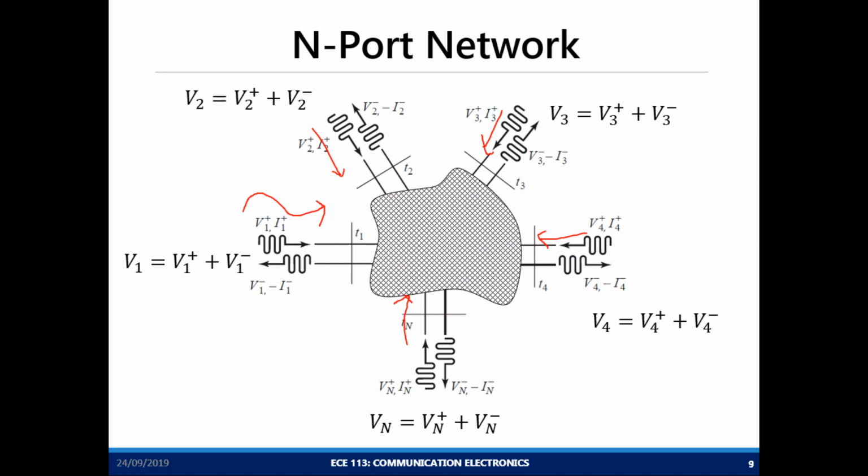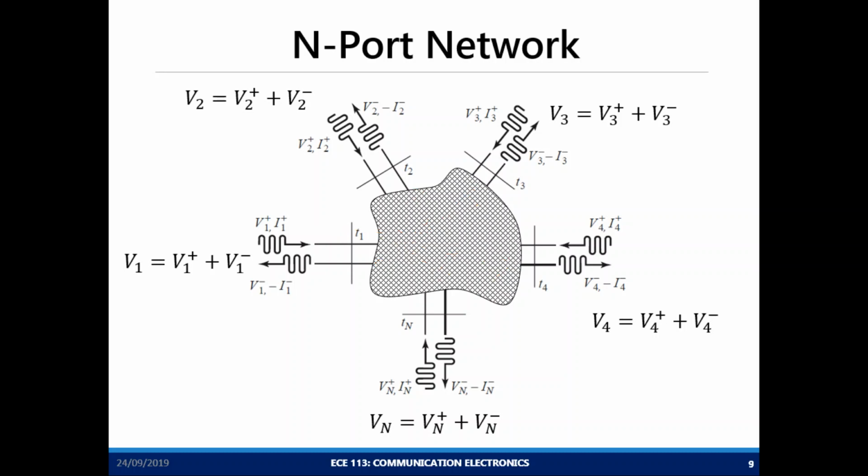The tendency of these traveling waves is that when they enter the network, they will be scattered around at different exit points defined in your network, right here, something like this. And it could be reflected back towards the port of origin. So that is what happens inside an n-port network.